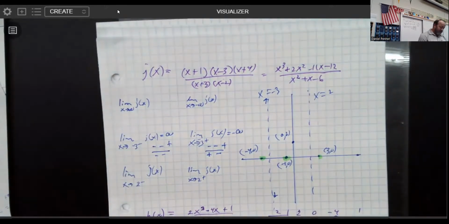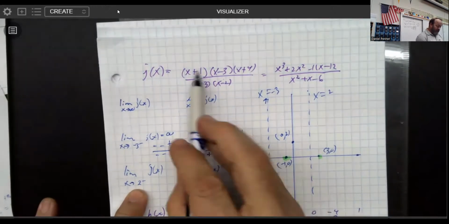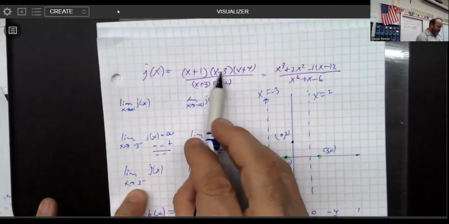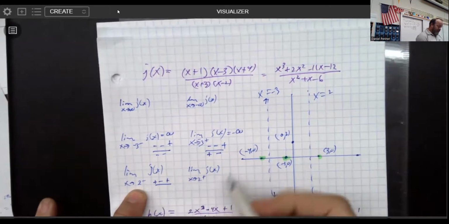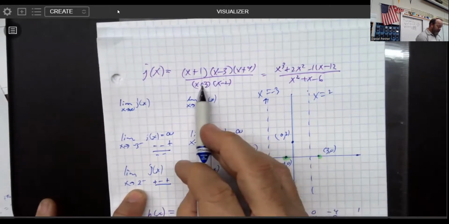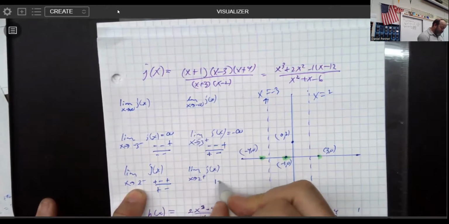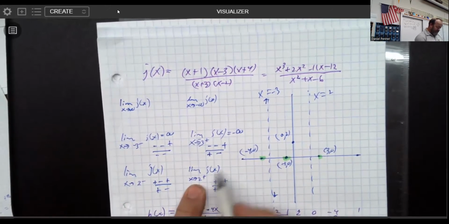Now, moving on a little bit further, if we plugged in, say, 1.9, this value would be positive and this value would be negative. Now, as I slide over to here, all of these numbers are going to stay the same except for the piece that provided that asymptote at 2.